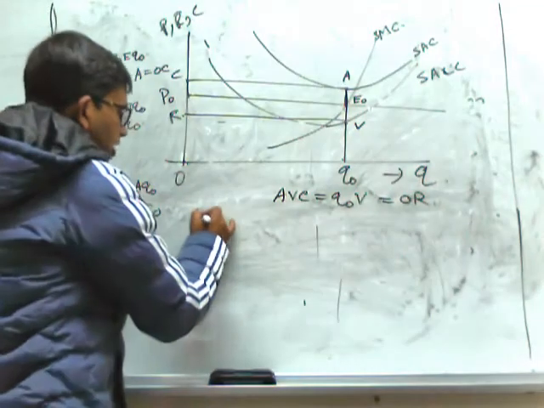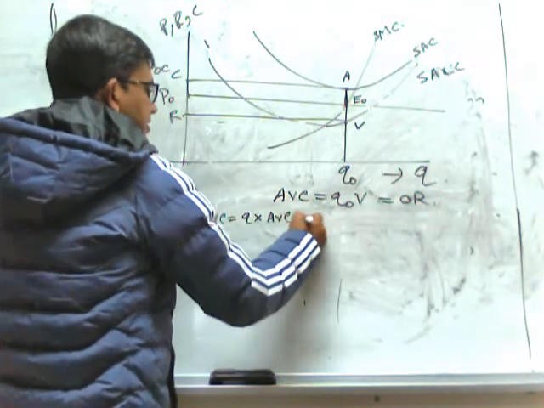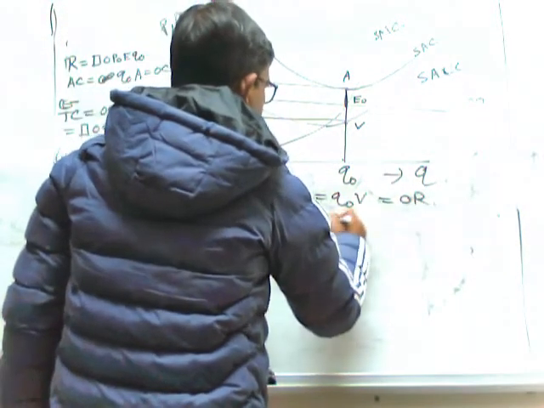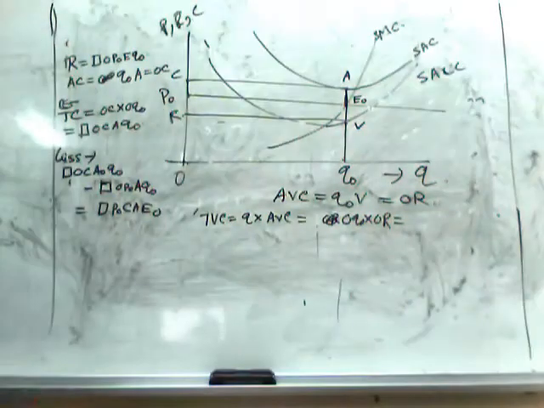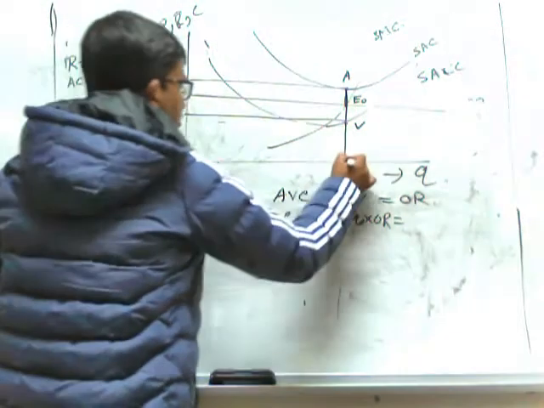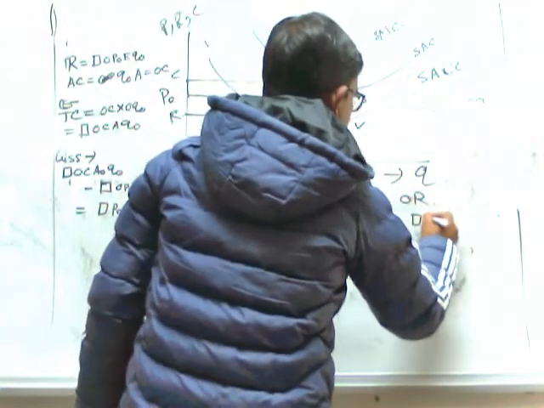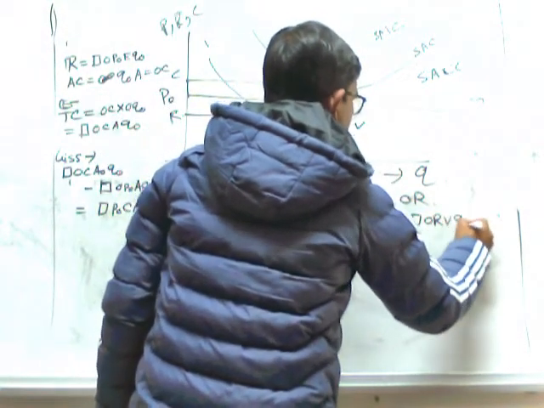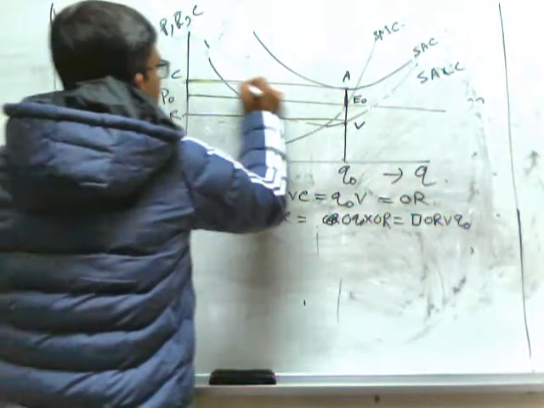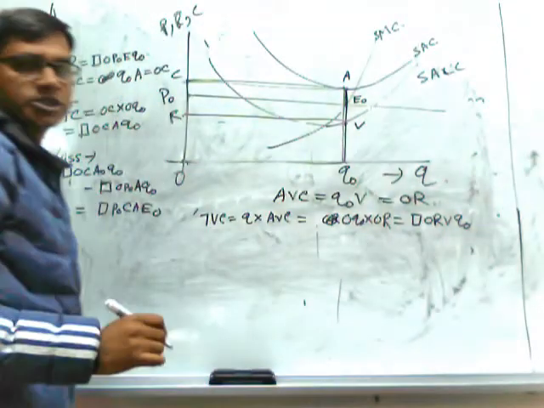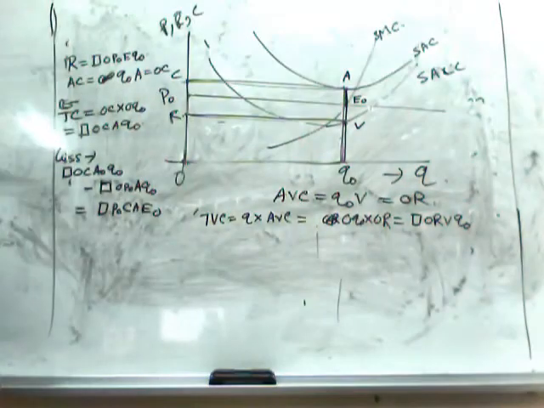So total variable cost of production is output multiplied by AVC, that is OQ0 multiplied by OR, so the area of the rectangle ORVQ0. This is the total cost of production, and this is the total variable cost of production. So the difference will be total fixed cost.